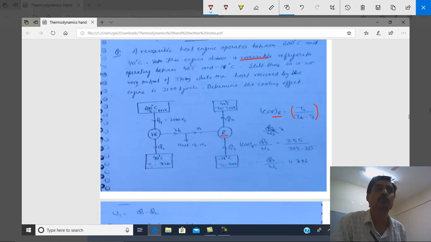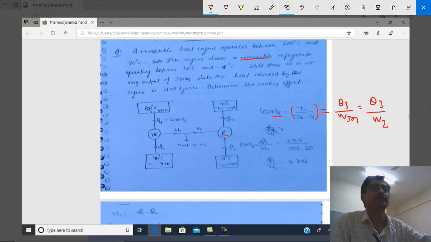This can also be written as the desired effect, Q3, divided by the work input, W2. The lower temperature is minus 18 degrees centigrade and the higher temperature is 40 degrees centigrade.